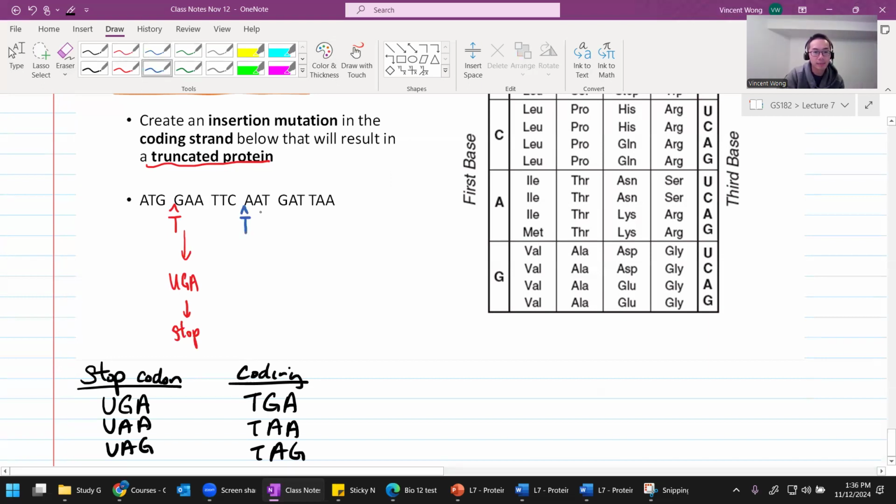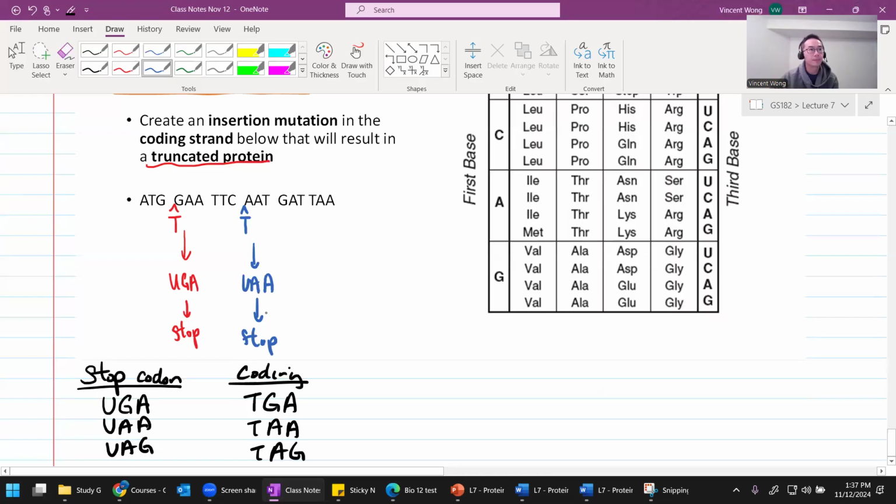You can insert a T. So ATG, GAA, TTC, TAA. TAA is going to get transcribed into UAA, which is, of course, also a stop codon. So you can create nonsense mutations in different ways. You can create it by base substitution, where you're just changing one nucleotide, or you can create a nonsense mutation through insertion or deletion, where the new reading frame has a stop codon in it.